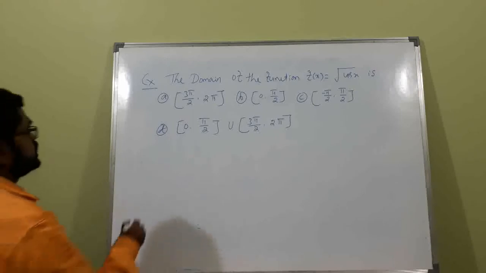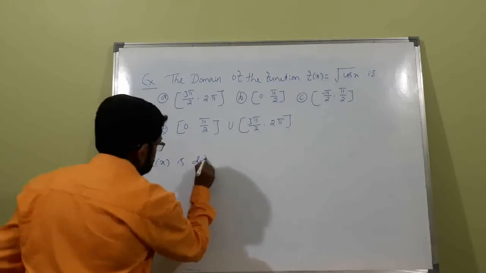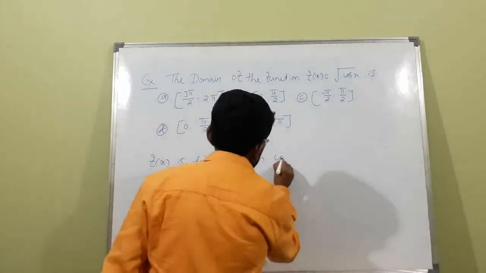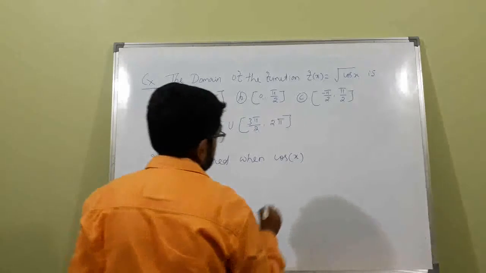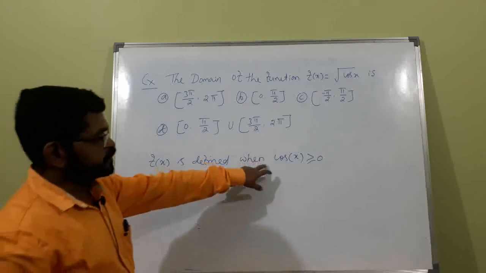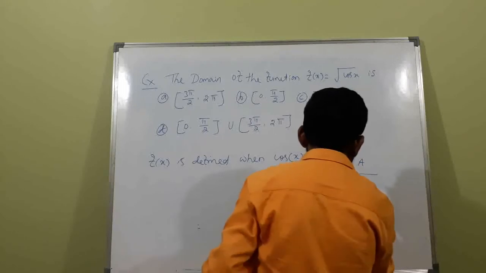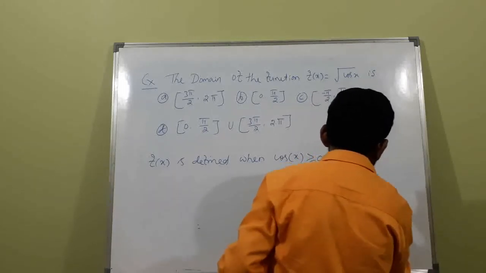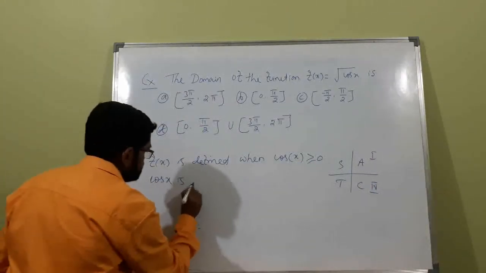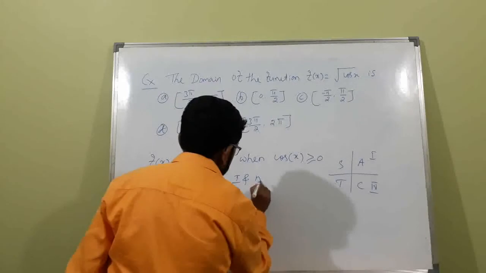Okay, f(x) is defined when cos x is positive. Cos x is positive in the first quadrant and fourth quadrant.